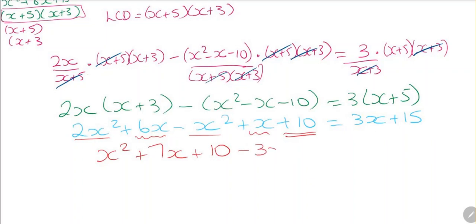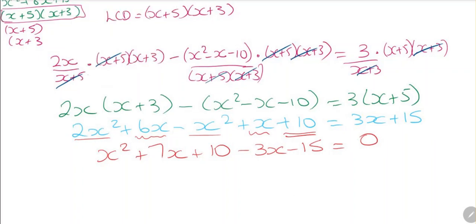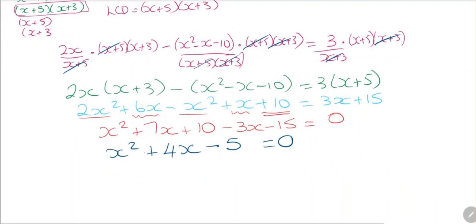So I'm going to do that here as well. Minus 3x and minus 15. And that is going to be 0. So simplifying again, so we have x squared and 7x minus 3x. That's going to give us plus 4x. And plus 10 minus 15 is going to give us minus 5. And this is equal to 0.